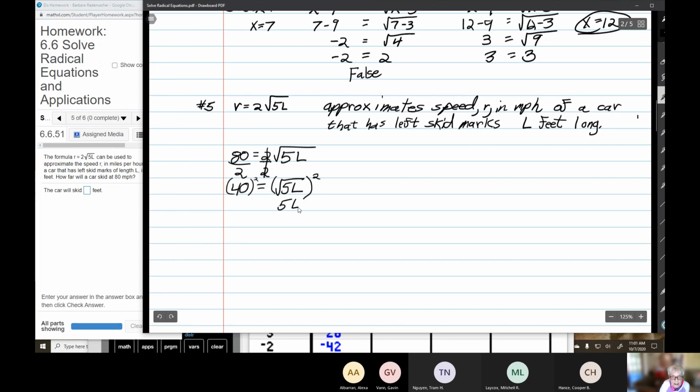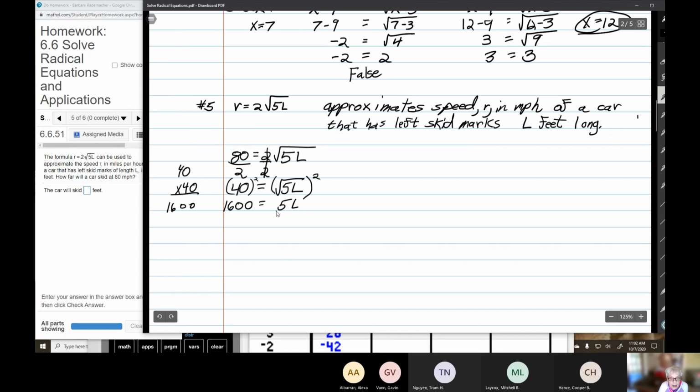But this, on the other hand, probably is not hard because all you have to do is say 40 times 40, that's 1600. Or you can put it in your calculator. So what we have now is 1600 equals 5L.